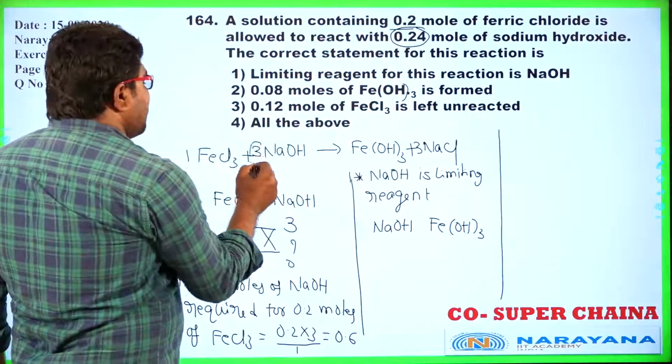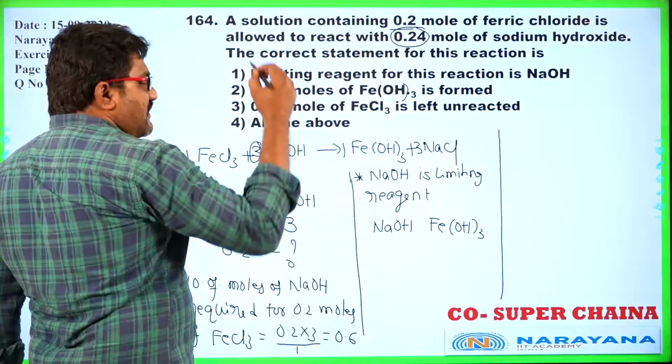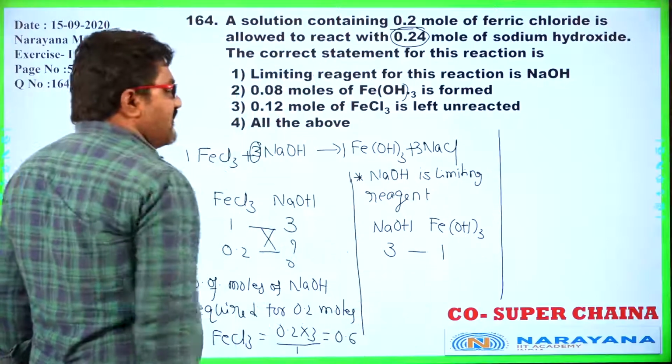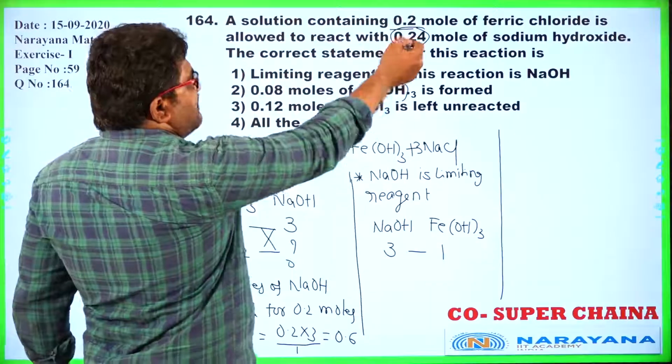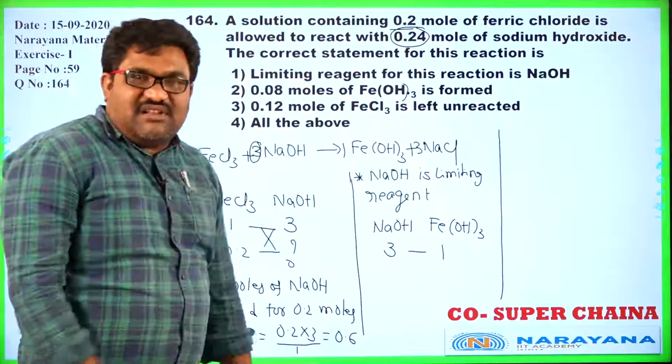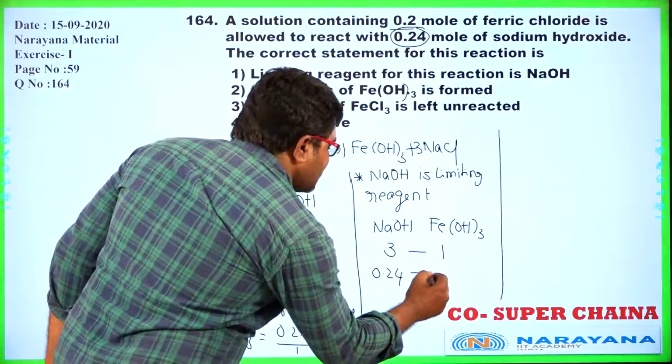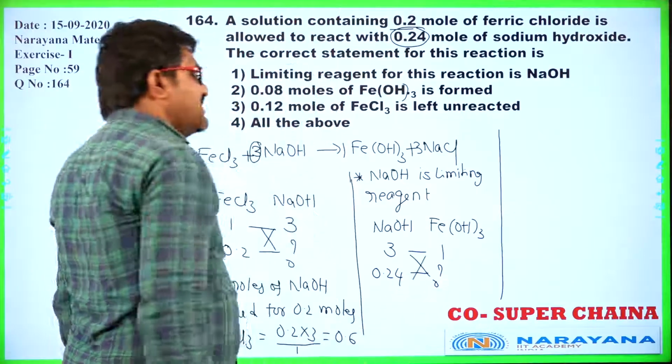According to the reaction, 3 moles of NaOH can form 1 mole of Fe(OH)3. But how many moles of NaOH are actually available in this reaction? 0.24.